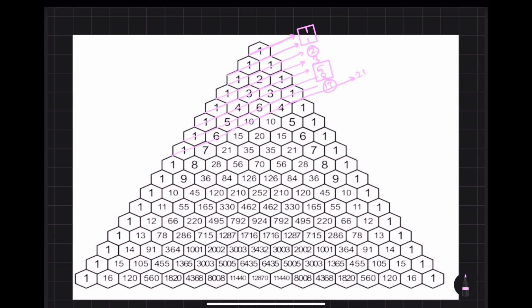In future you will become engineers. For an engineer, this golden ratio is a very beautiful number. And the number is 1.61 something. So this is your golden ratio.